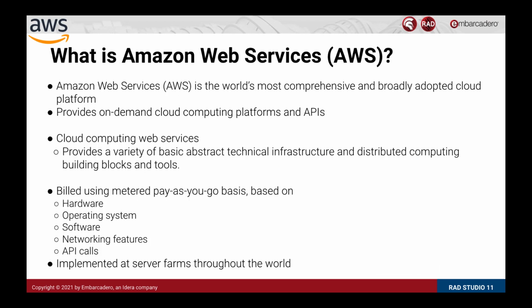So what is Amazon Web Services? As this is the key topic area for today, I think we draw the conversation directly back in towards Amazon. And ultimately, Amazon are the leader in the market at the moment. It's the world's most comprehensive and broadly adopted cloud platform.